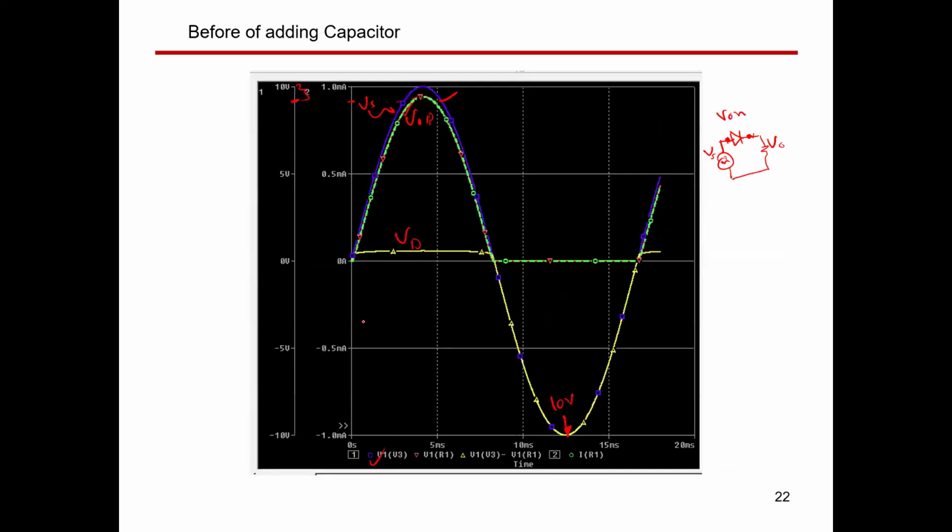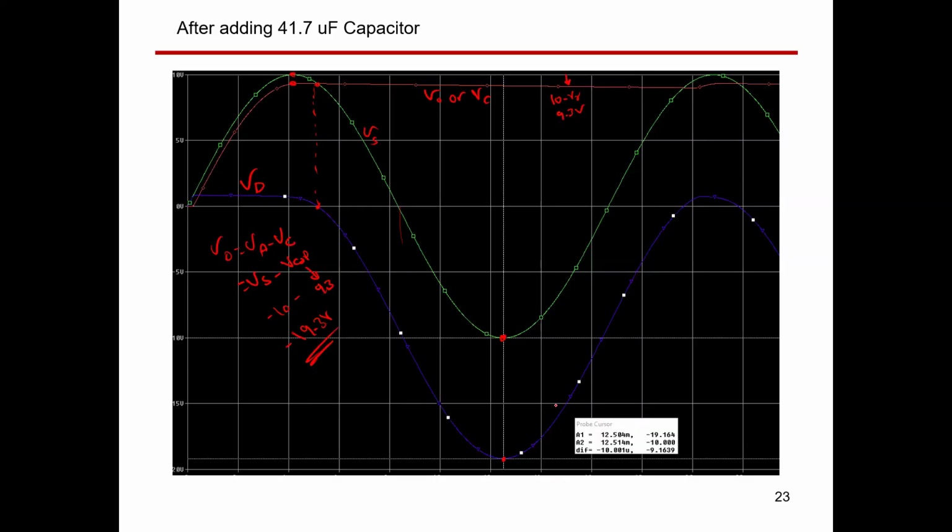So if we go back here, this is the diode volt. So the peak inverse volt in this circuit equals 10 volt. But in case of adding capacitor, the peak inverse volt of our diode became V maximum plus V cap maximum.